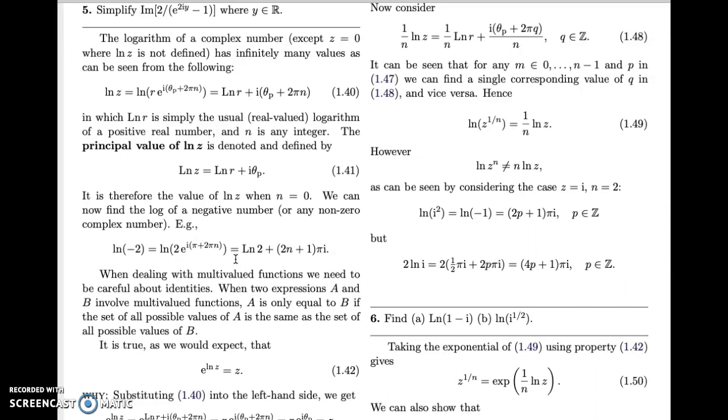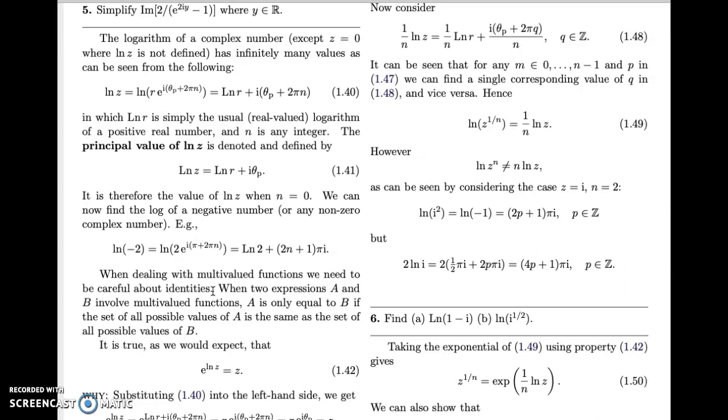Now, when dealing with multi-valued functions, you need to be careful about identities. Identities are basically formulae which are always true. Now, certain formulae which are always true for real numbers might not necessarily be true for complex numbers, and we'll see a few examples.